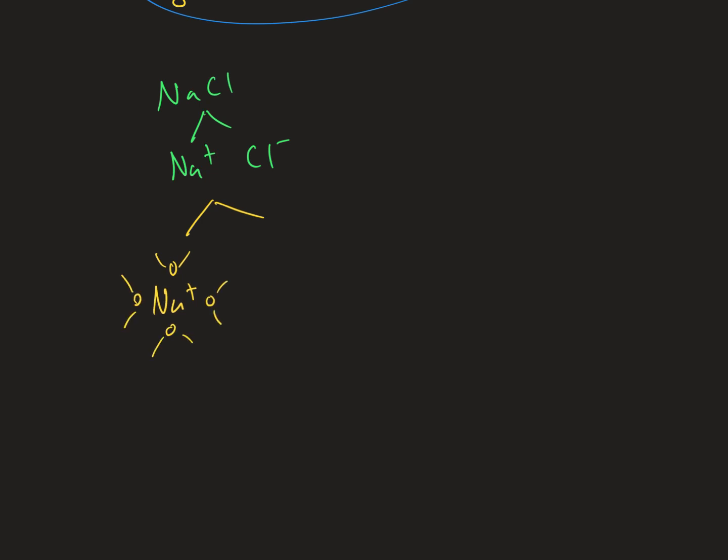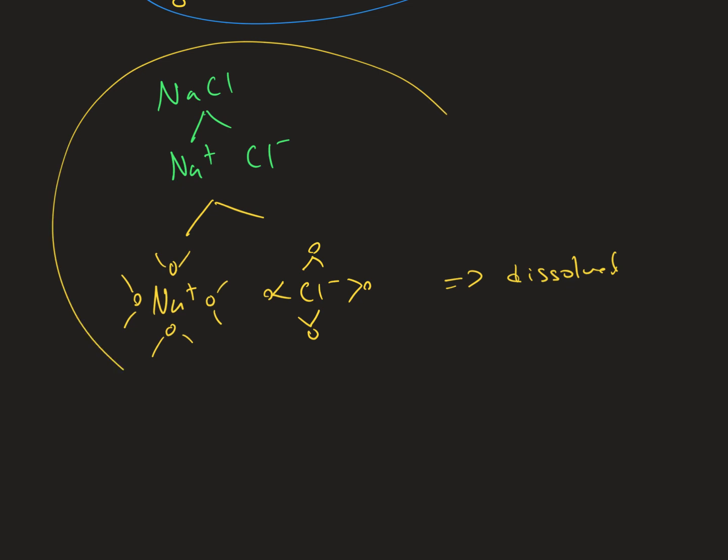Is that okay? So those are water molecules. And chlorine is solvated by water as well. After it's all solvated, then it's dissolved. So this whole process is dissolving. Dissociation is just when they break apart. Yep, great question. Anything else?